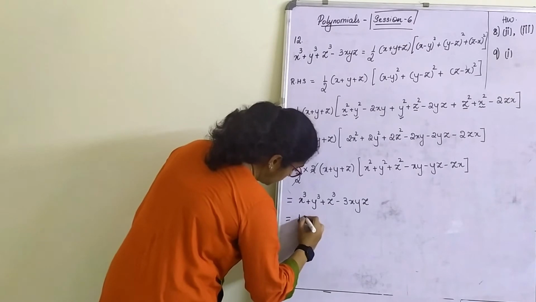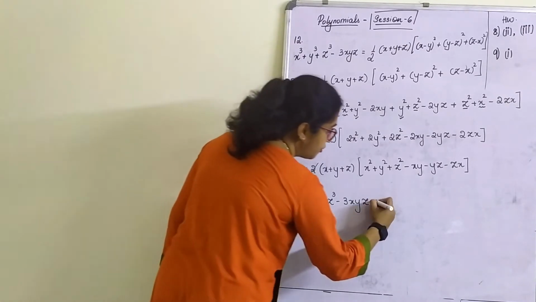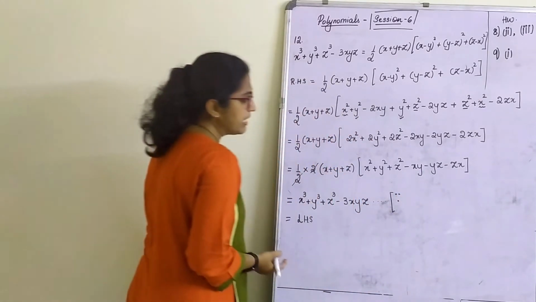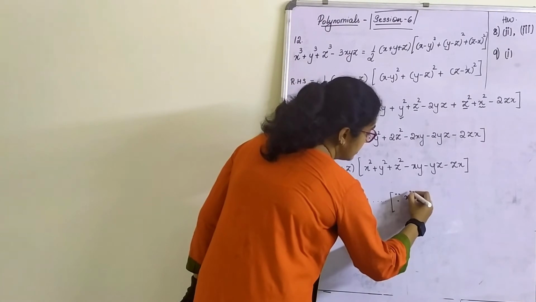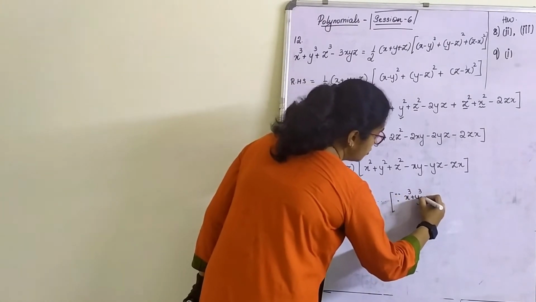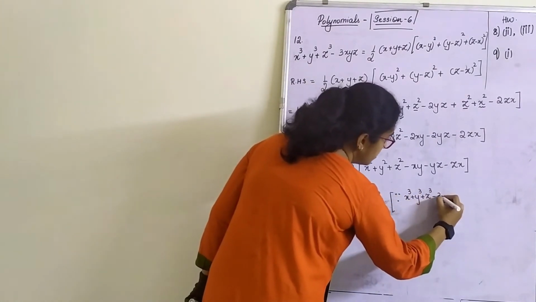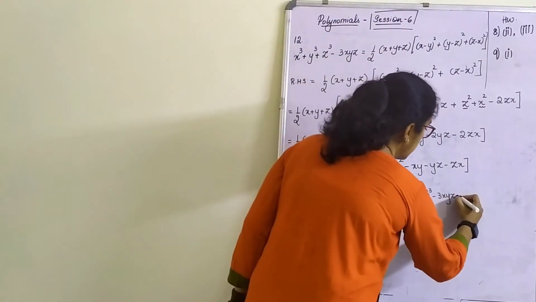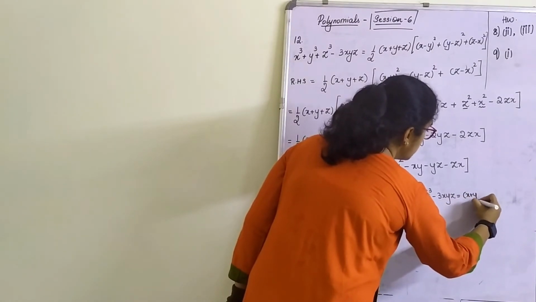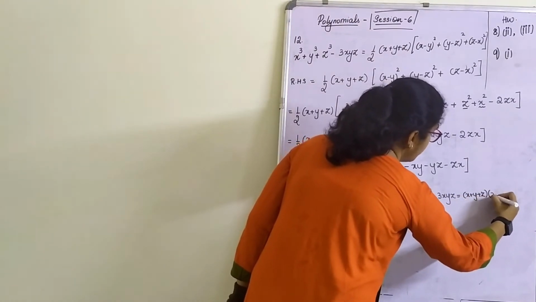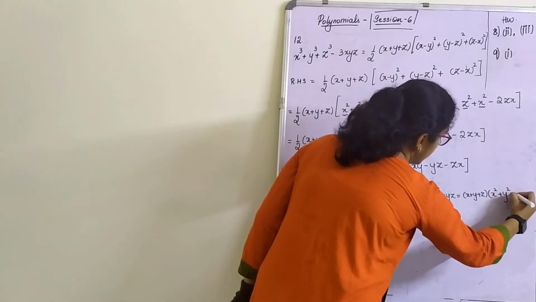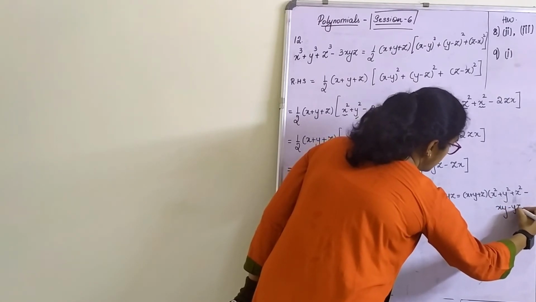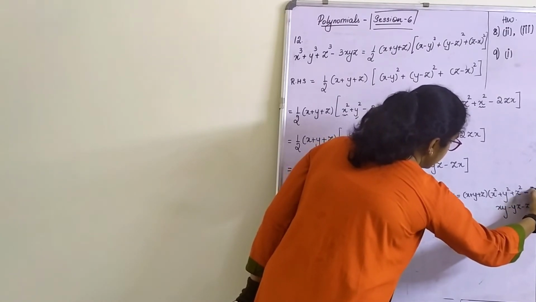That is equal to LHS, but before that put, because you can give the reason of the identity: x cube plus y cube plus z cube minus 3xyz, I have written a bit small here, is equal to x plus y plus z of x square plus y square plus z square minus xy minus yz minus zx.